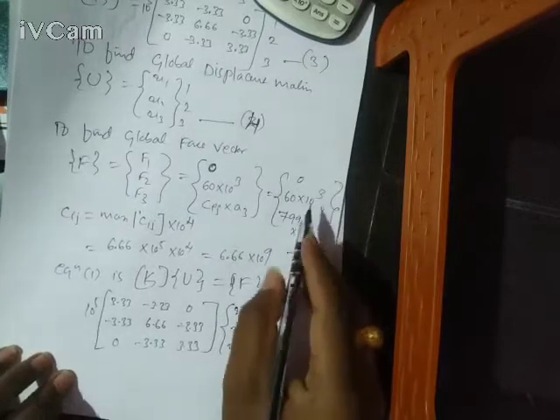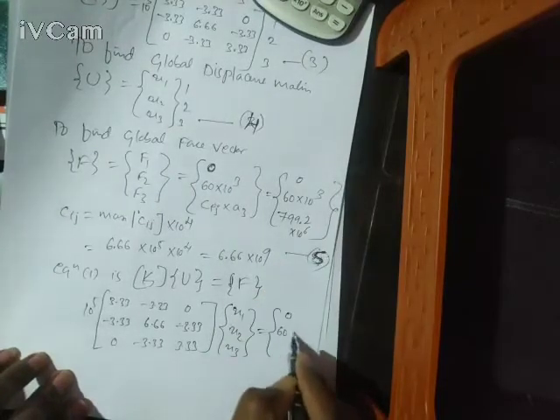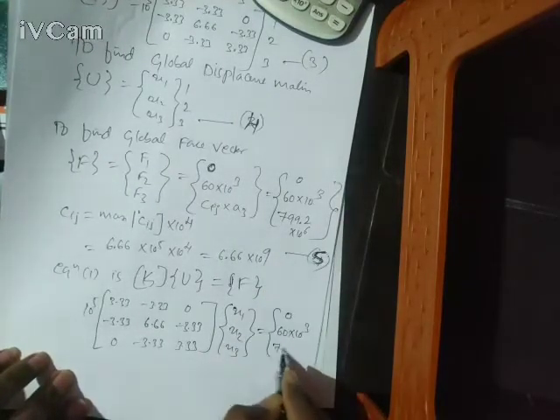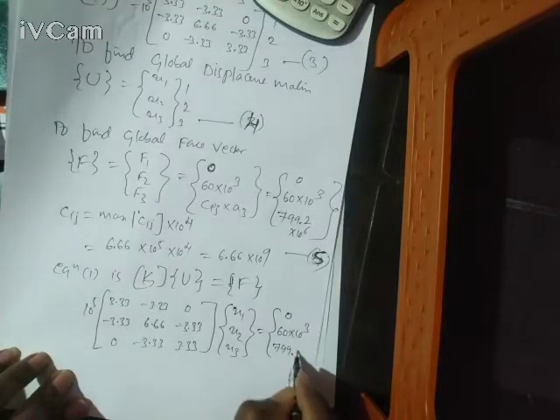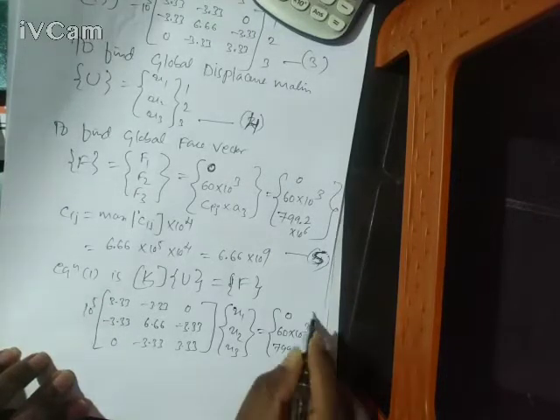What is F? Force value 0, 60 into 10 to the power 3, and this is 799.2 into 10 to the power 6.